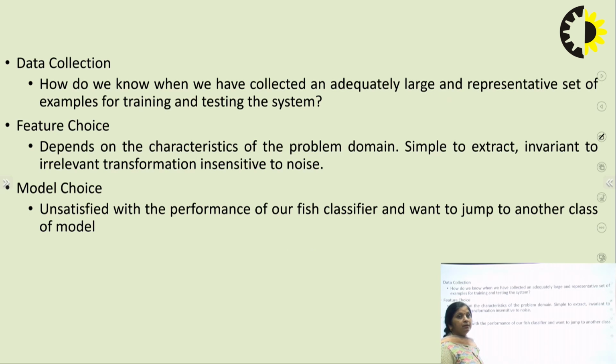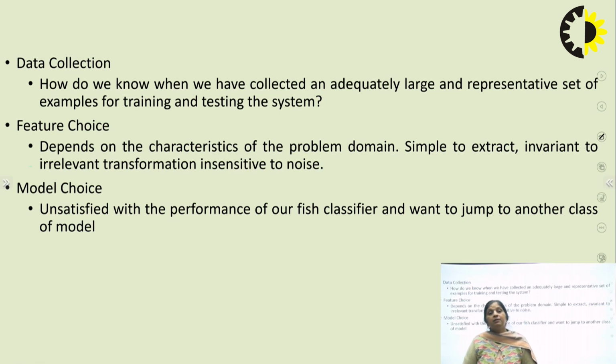So how much data do we have to collect? This is very important to decide. How do we know when we have collected an adequate and representative set of examples for training and testing the system? It means we need data to train as well as test the system. So we should have adequate data, and the data should be well represented.